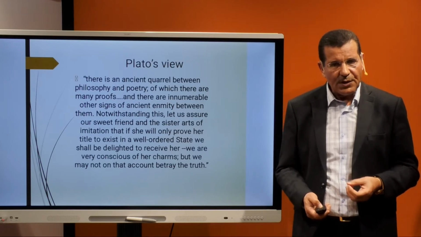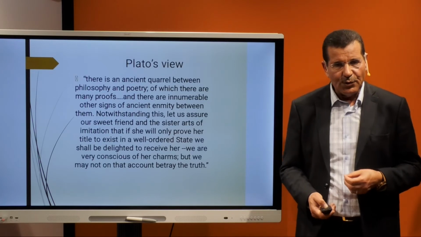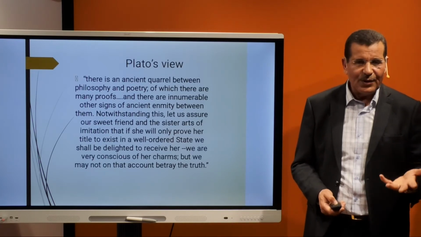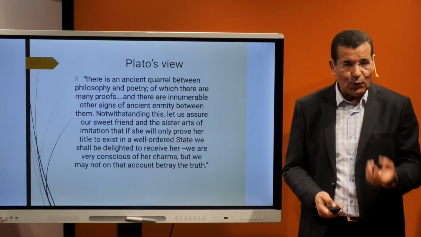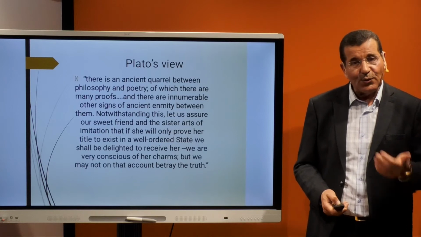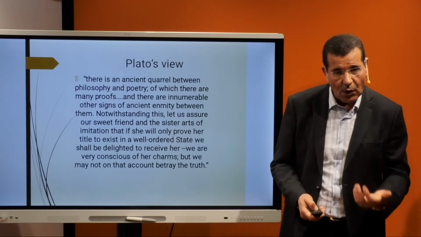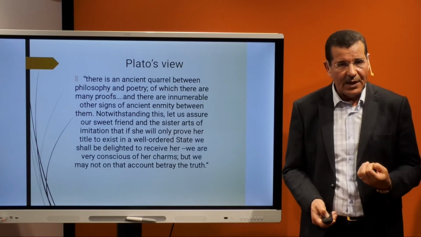We are very conscious of her charms, but we may not on that account betray the truth. So, ironically, the charms of art are not accepted in this well-ordered state because it is betraying the truth on which he is basing his well-ordered state that is based on reason and the truth.